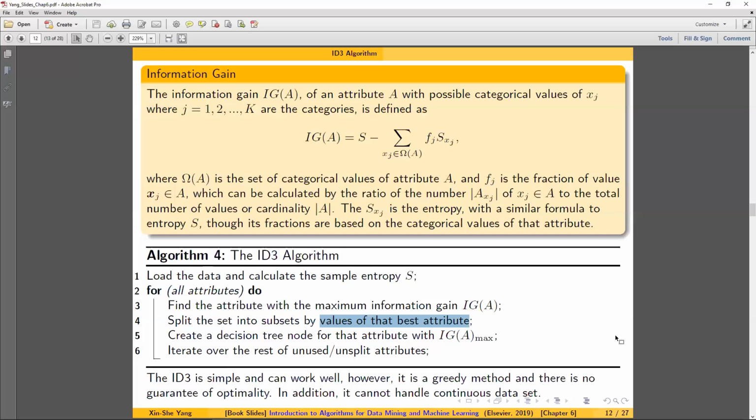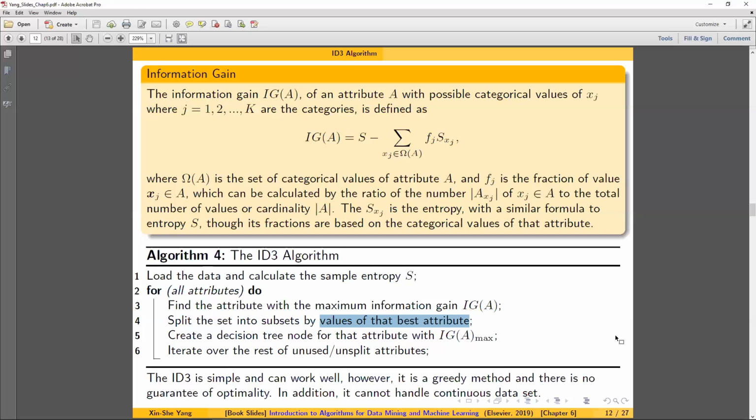The best attribute is the attribute that has the maximum information gain. Then create a decision tree node for that attribute with IG A max. Iterate over the rest of the unused, unsplit attributes, and then construct a decision tree.